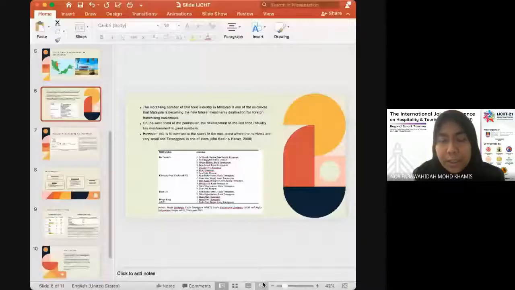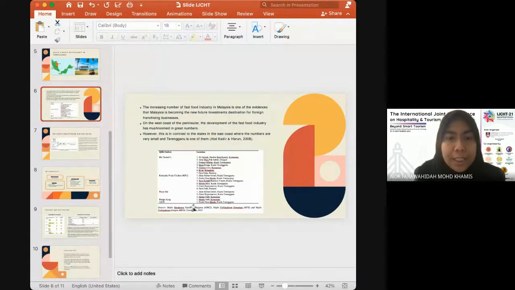Let me share my slide. As you can see here in the table, only a few quick service restaurants were built in Terengganu.